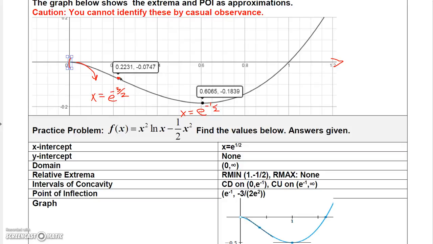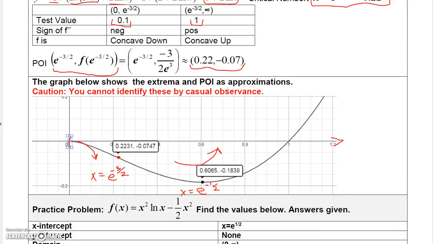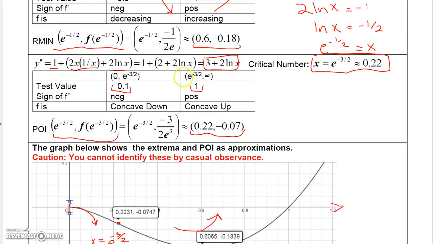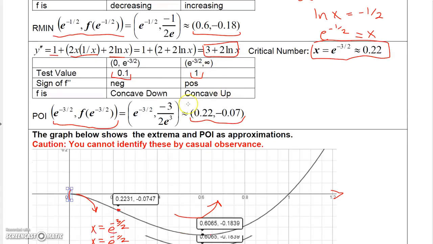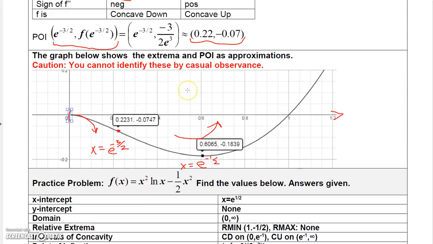So you're concave down here, but from there on out, you've got an upward bend, so you're concave up. And that corresponds with what we had here. We're concave down between 0 and e to the negative 3/2, and we're concave up from e to the negative 3/2 out to infinity. Okay?